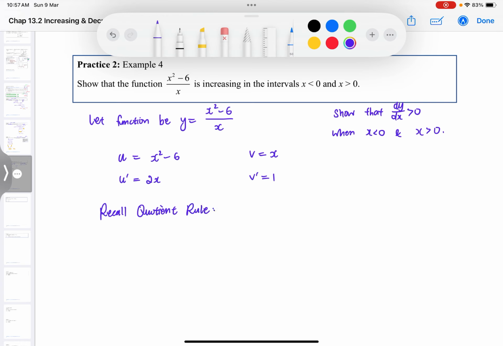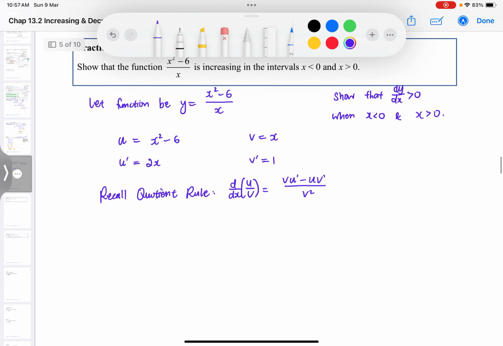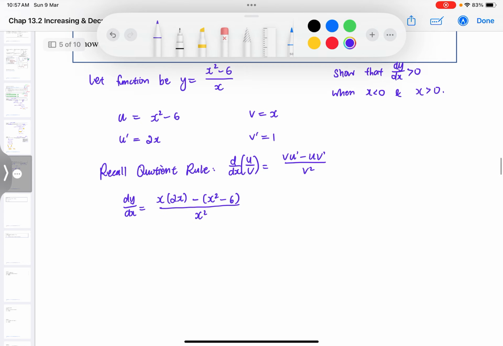The quotient rule is given by d/dx of u over v equals v u prime minus u v prime over v squared. So dy/dx equals v, which is x, times u prime, which is 2x, minus u times v prime. v prime is just 1, so we can write this as (x squared minus 6) divided by v squared, which is x squared.